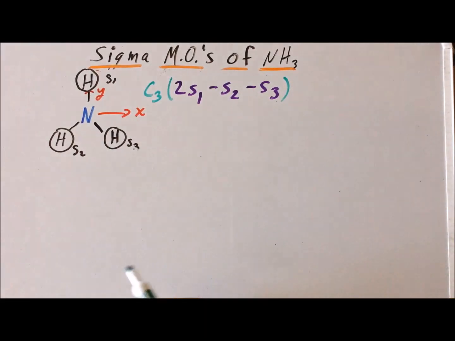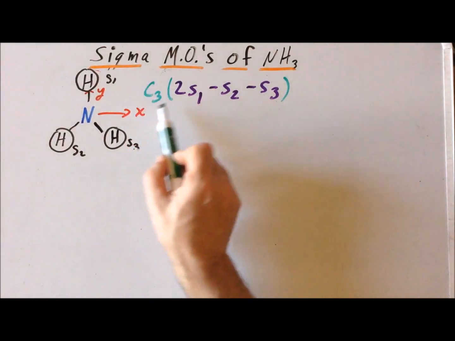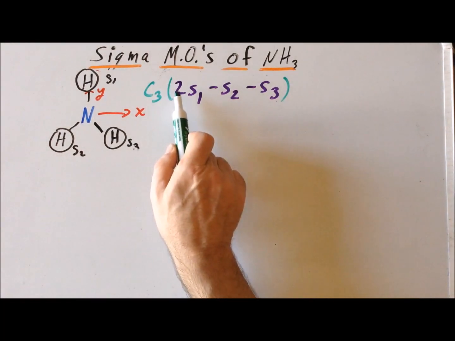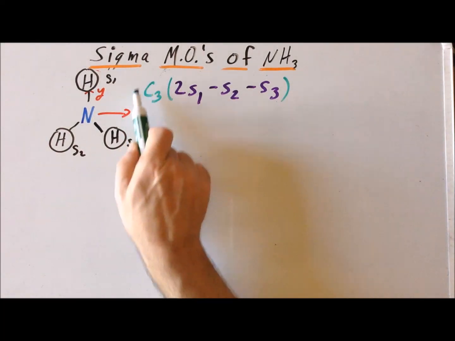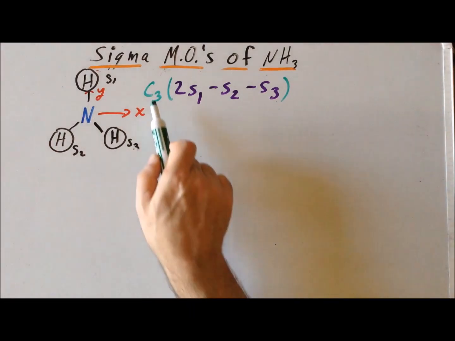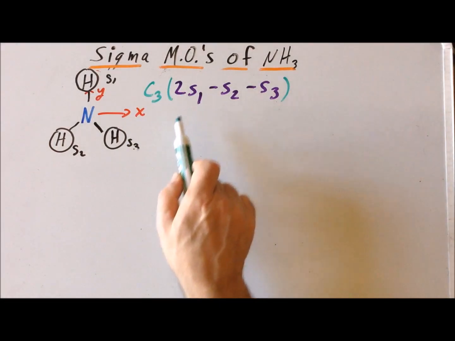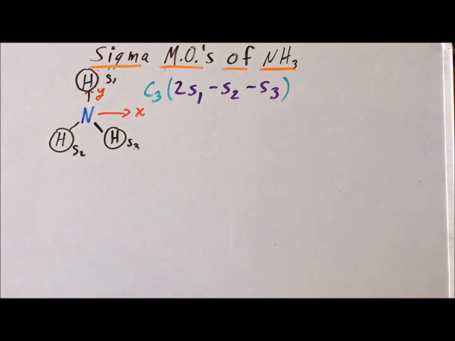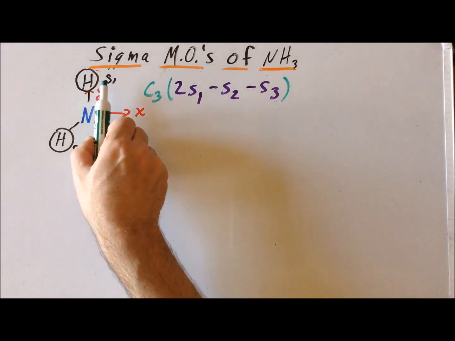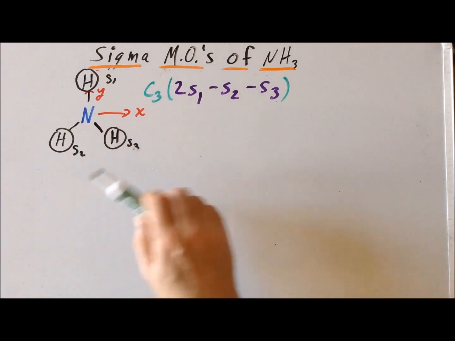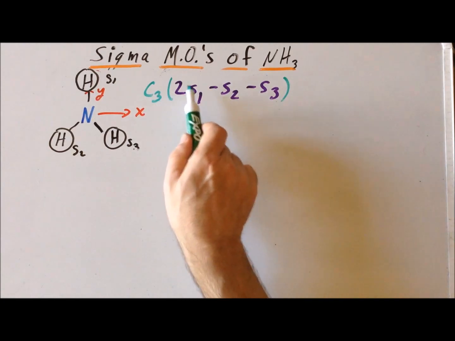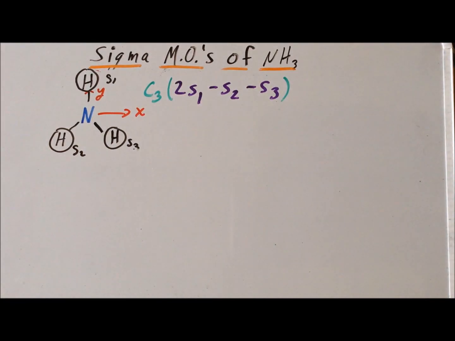And we do it term by term, and we notice that the rotation operators are linear. So if we have a coefficient in front, we can simply pull the coefficient in front of the C3 operator. So if I want to do a C3 on 2S1, that is exactly equivalent to 2 times the C3 of S1. So we notice that if I have S1 and I do a C3 operation on it, it turns S1 into S2. So therefore, if I do a C3 on 2S1, that turns it into 2S2.